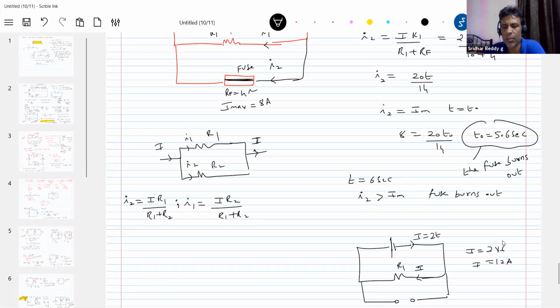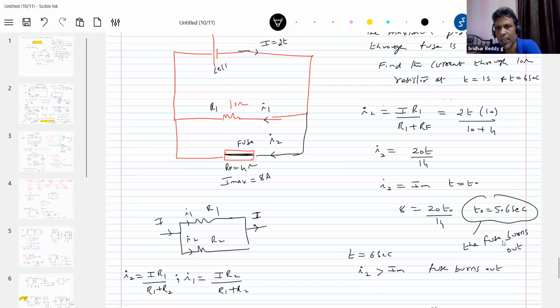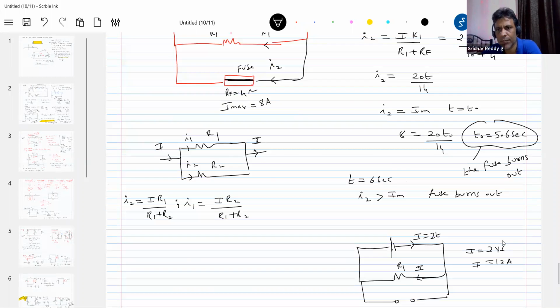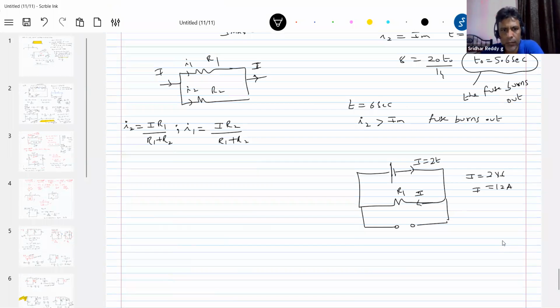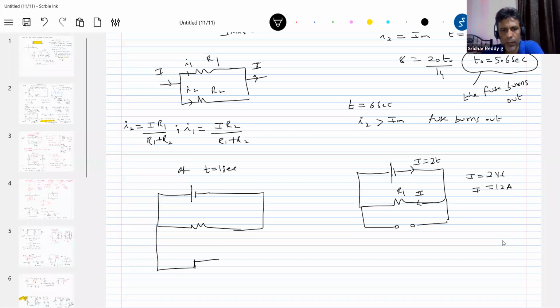Now next it's asking at t equal to 1 second. What is the state of the fuse? Will it be there or will it burn out? At t equal to 1 second, the fuse will not burn out.